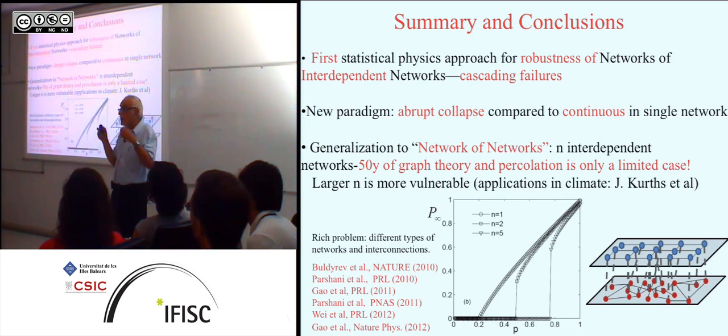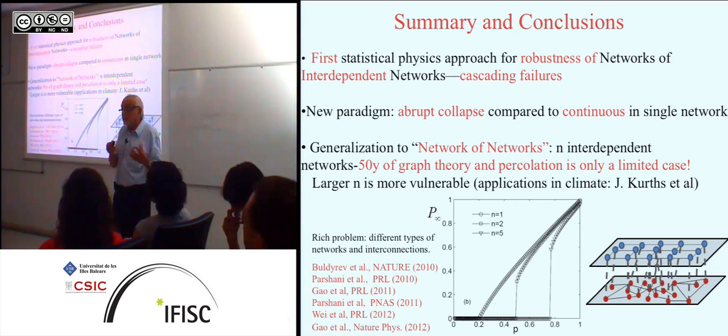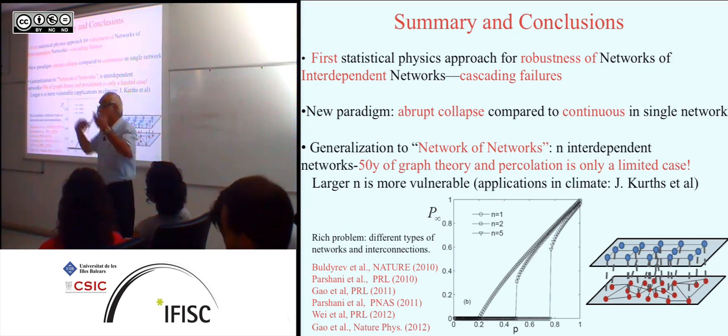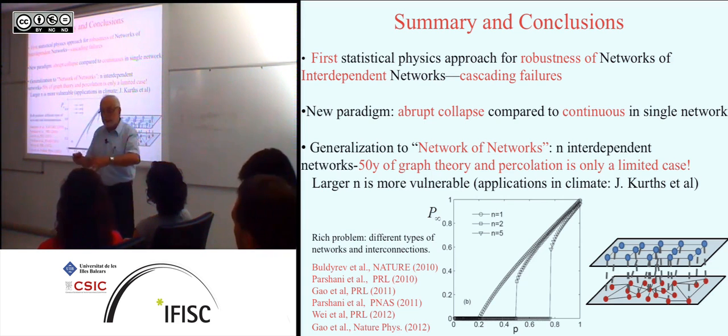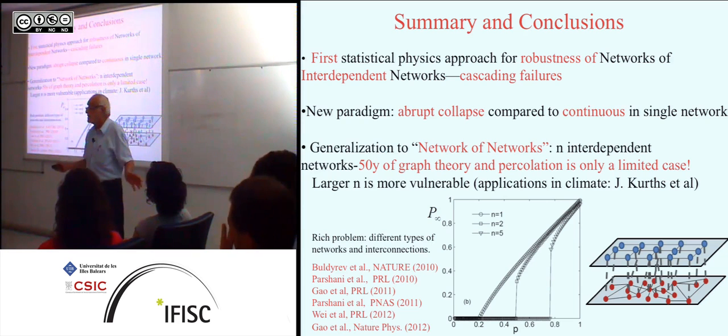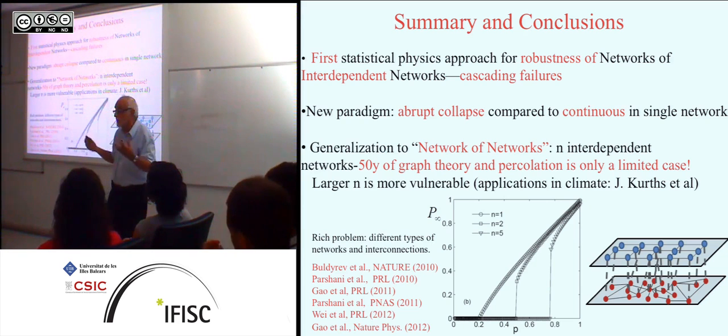It means if you remove only 40% in the lattice, it collapses. So a single lattice is more vulnerable than the random network, because in a random network you have long-range connections, while in a lattice you only connect to your friends in space. So you don't have these links which hold the network.